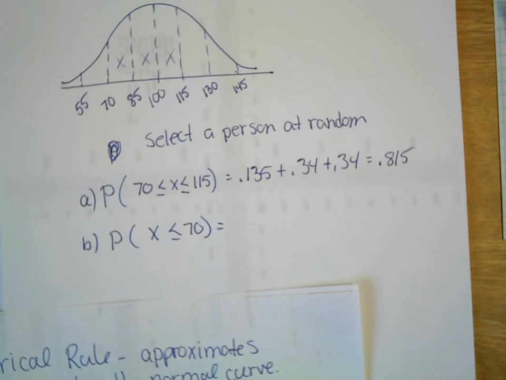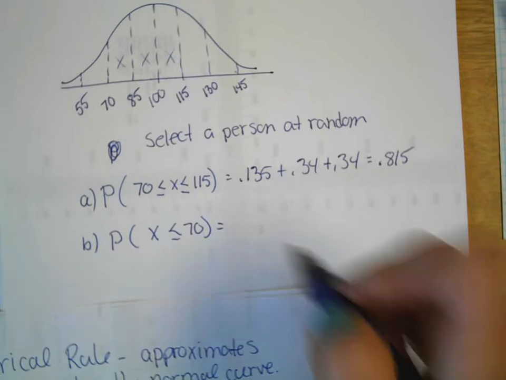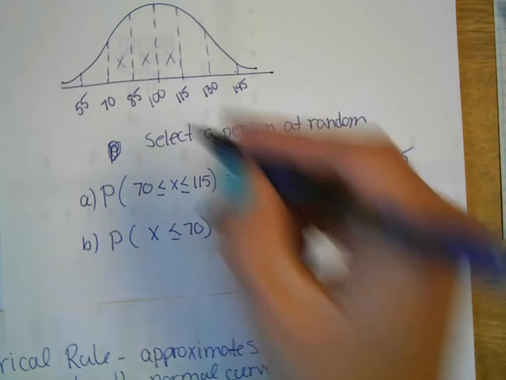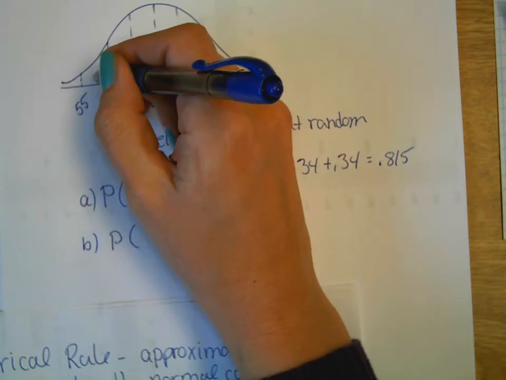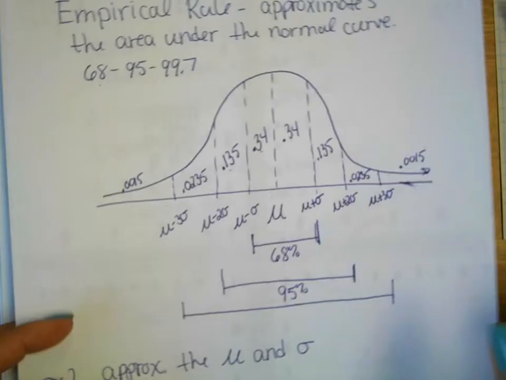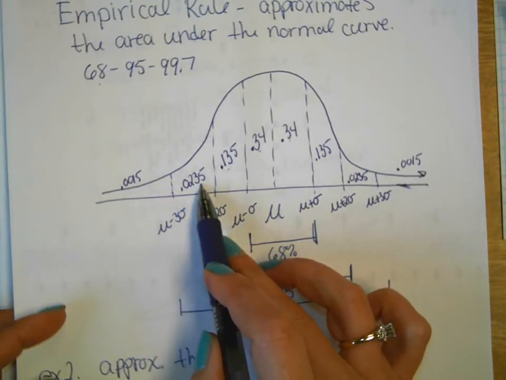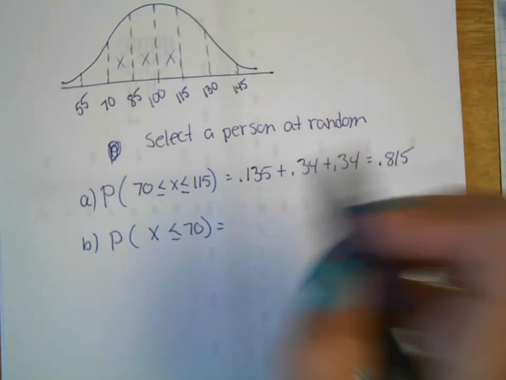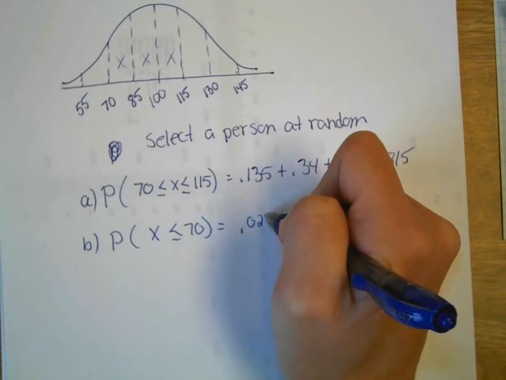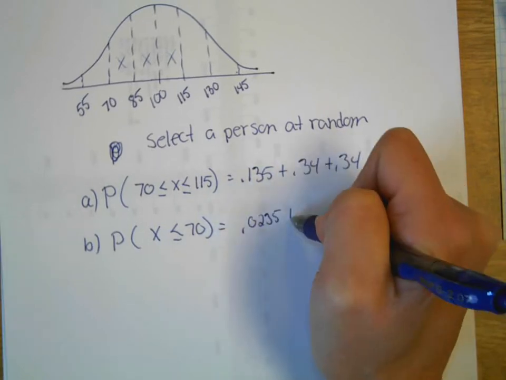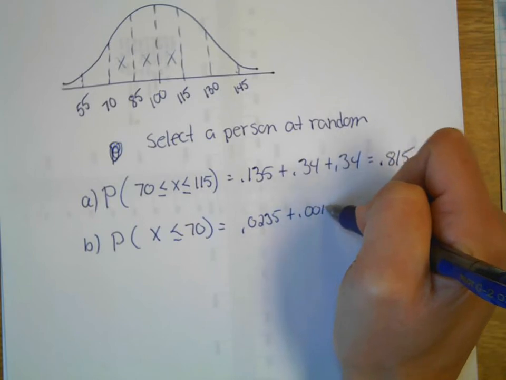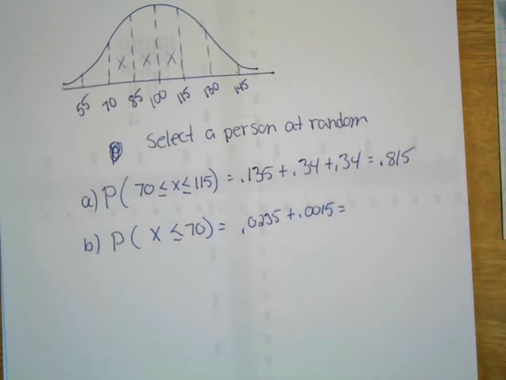Isn't that like 2%? It's very small. It's these last two chunks, the tail piece and the first chunk. The tail piece is 0.0015, and the first chunk is 0.0235. So it's not likely to happen. You have the same chance of being super smart as being super dumb.